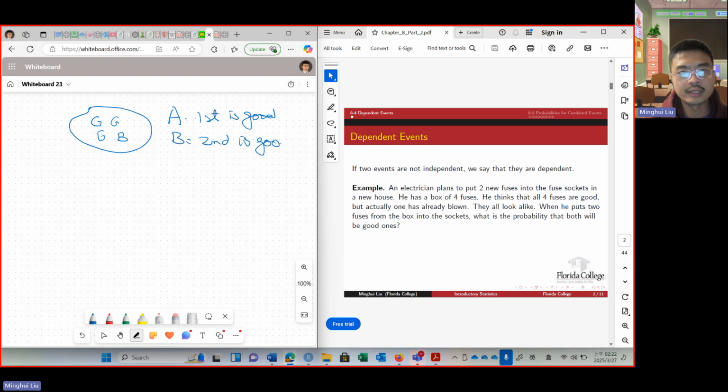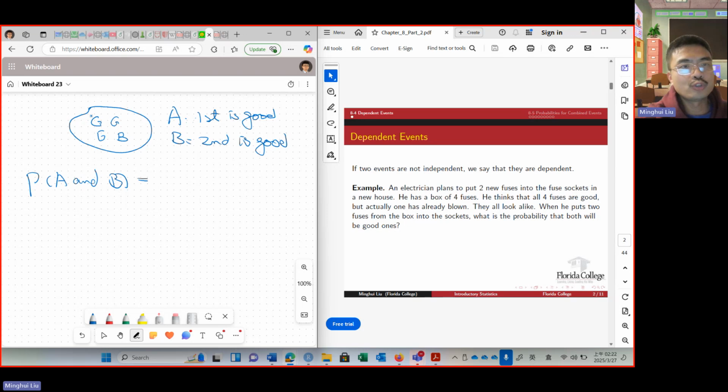So we need to find the probability of A and B. Notice that in this case, you cannot just use the probability of A times the probability of B, because these two events are not independent. Namely, whether the first one is good or bad affects the probability of the second one.